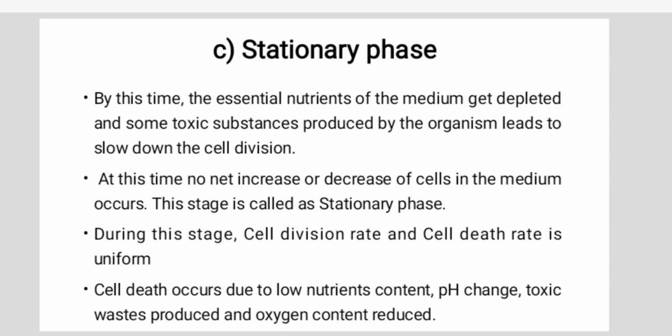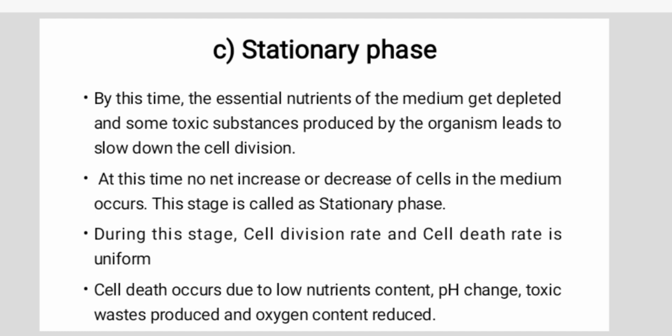Third one, the stationary phase. By this time, the essential nutrients of the medium get depleted and some toxic substances produced by the organism slow down the cell division. So in the first phase, the lag phase, there is no increase in bacteria. In the second phase, the log phase, a linear line is formed as the cells start to multiply.